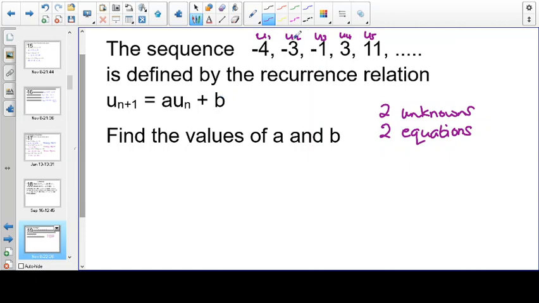Okay, now we can pick any two pairs of numbers. I'm going to use these two because they're positive.